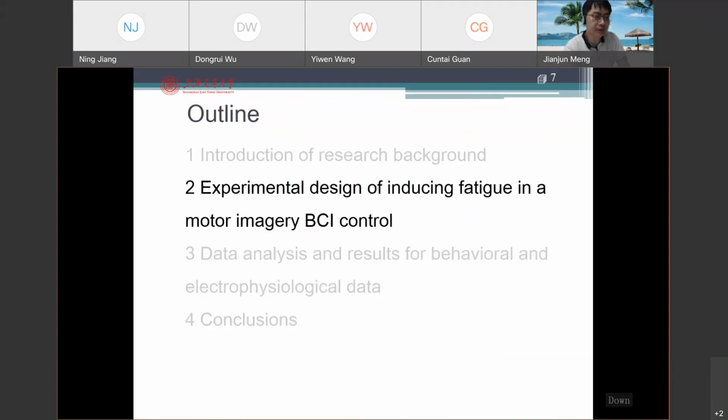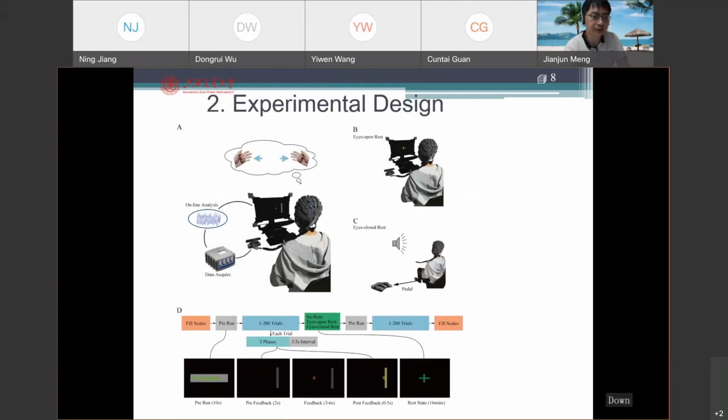First, I will introduce our experimental design for inducing fatigue through prolonged motor imagery BCI control. In our study, we used left versus right mental imagination to perform 1D cursor control.